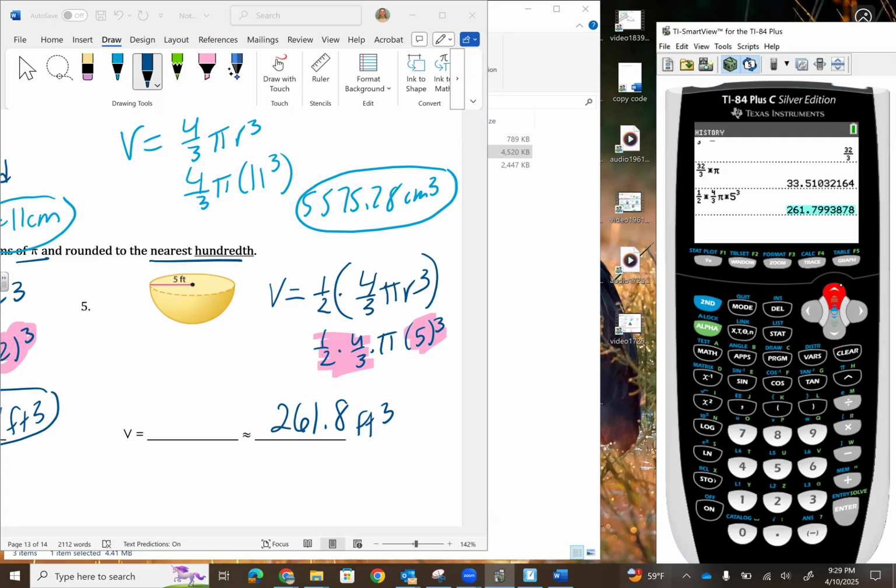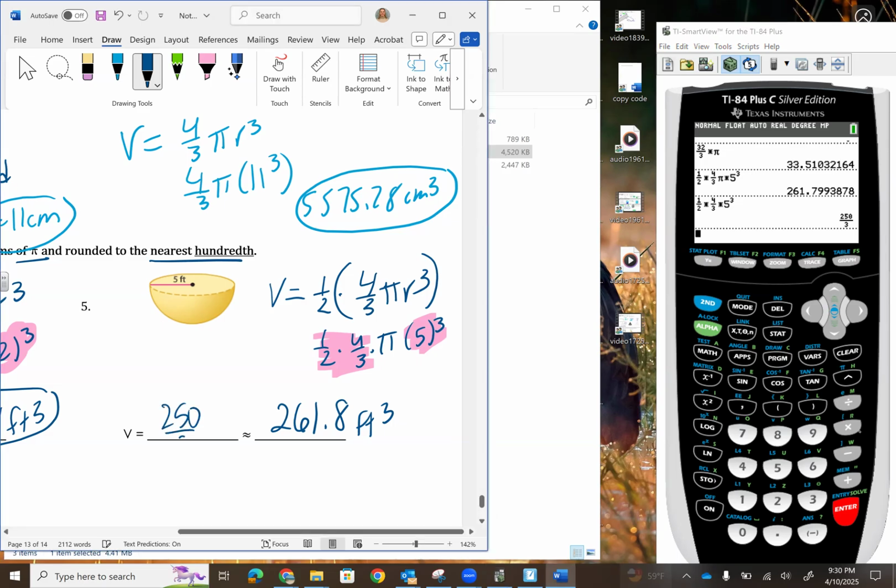You know what I'm going to do? I'm going to arrow up here, grab that, and just delete the pi. Here we go. This is going to be 250/3 pi, and that would be feet cubed.